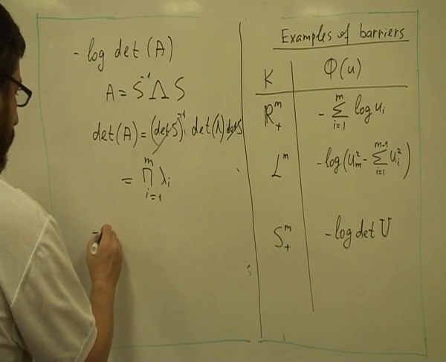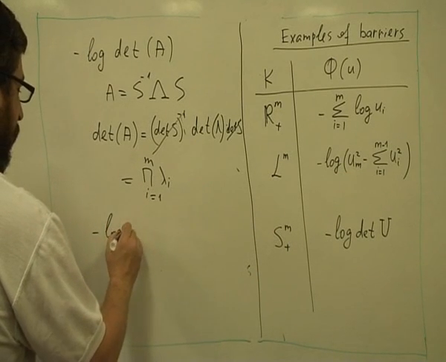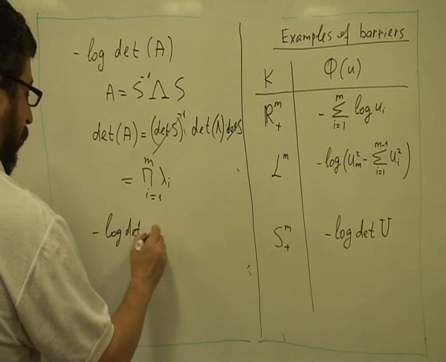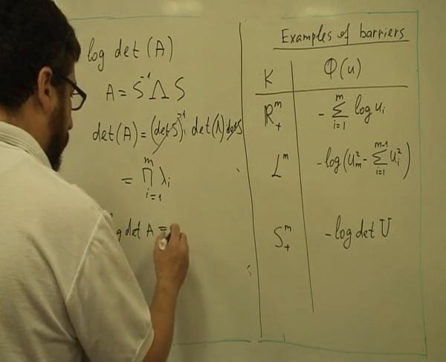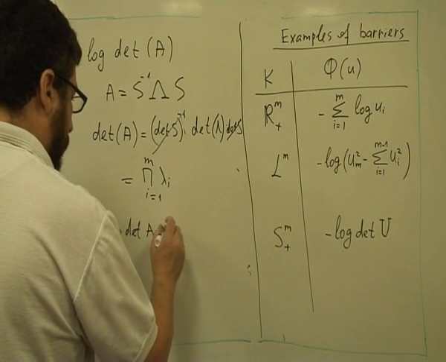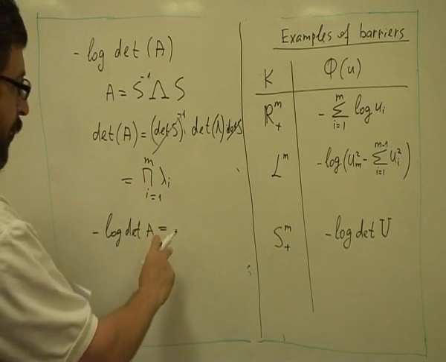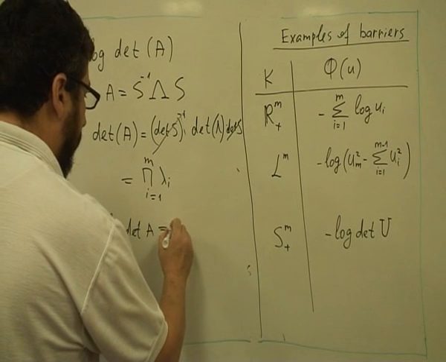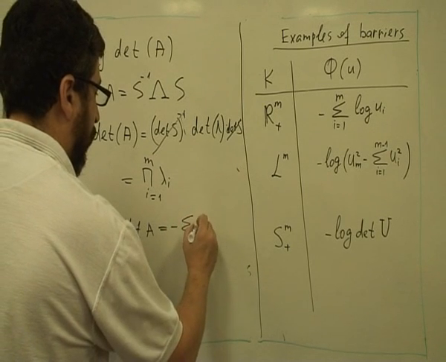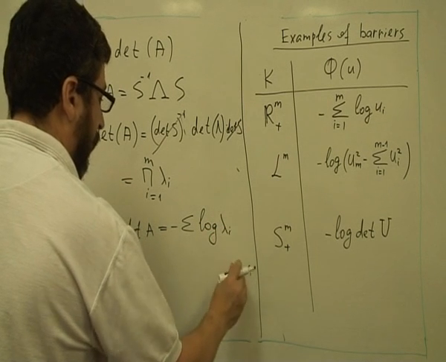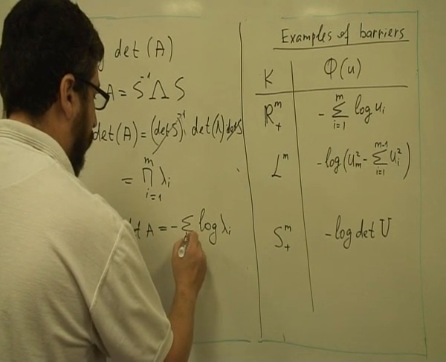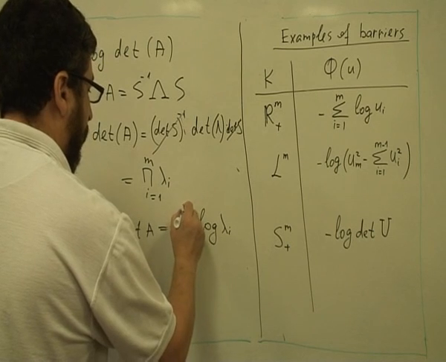So minus log det of A is just minus log of the product. This is minus sum of log of lambda i from 1 to m.